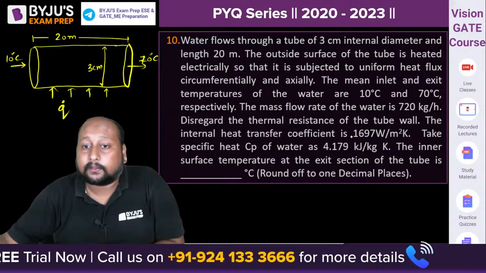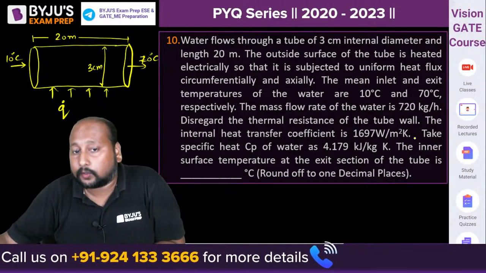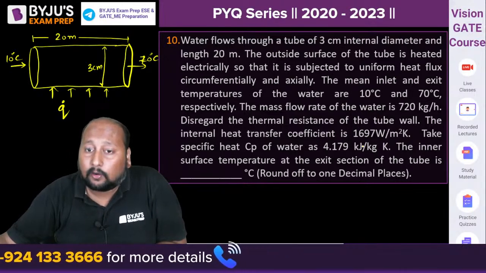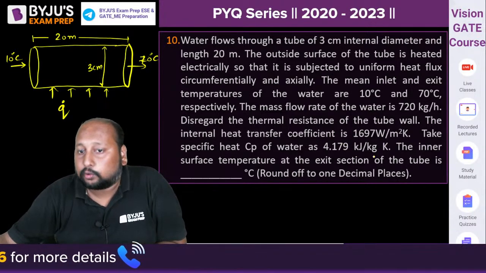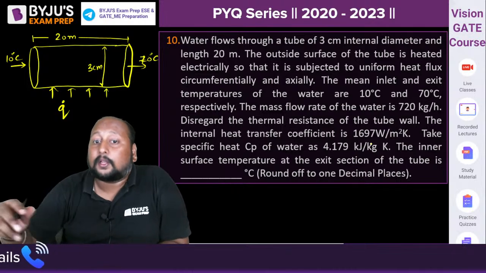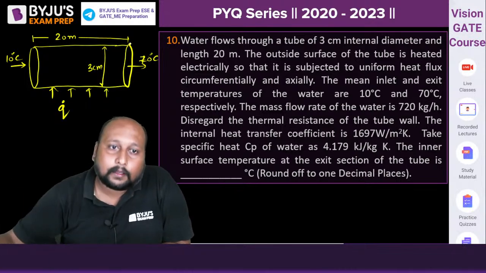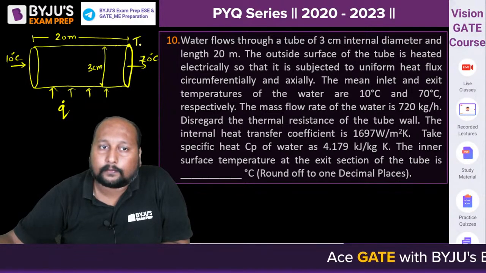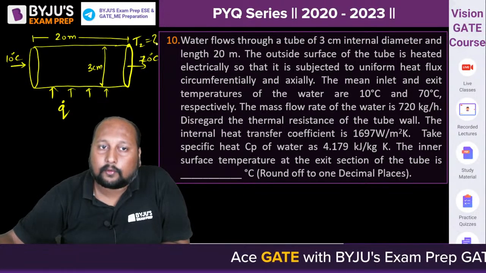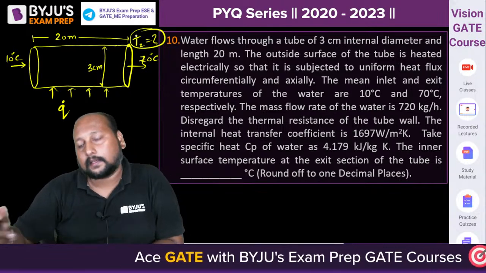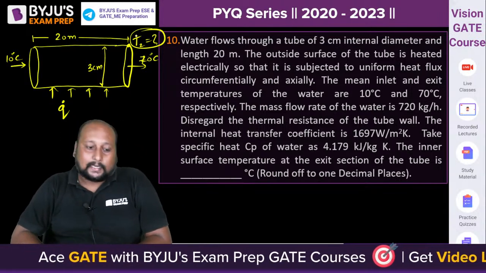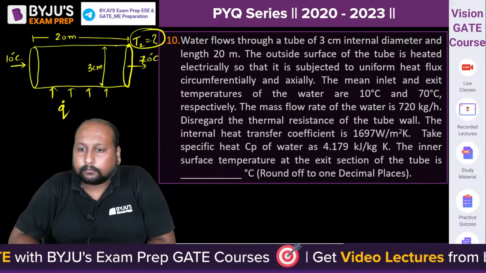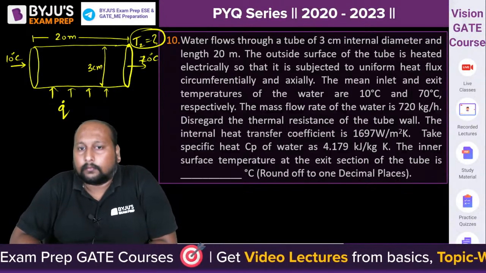The internal heat transfer coefficient is 1697 watt per meter square Kelvin. Take the specific heat of water as 4179 joule per kg Kelvin. The inner surface temperature at the exit, this you have to calculate. The wall temperature at the exit. Chaliye, try it. Quickly.